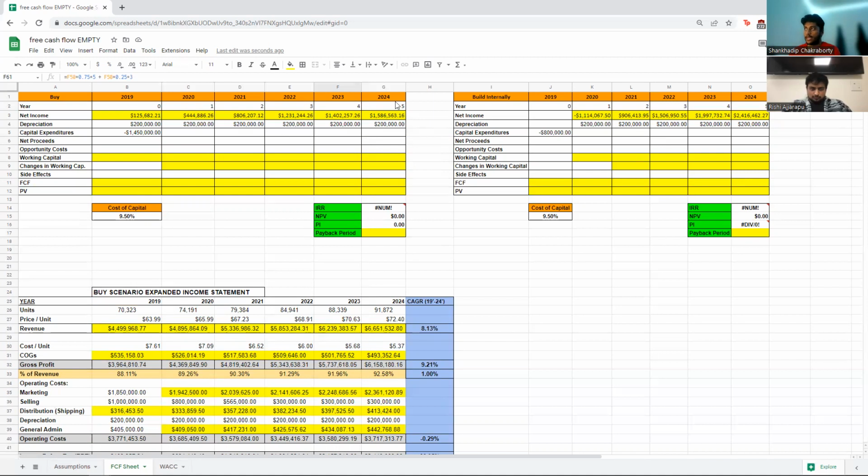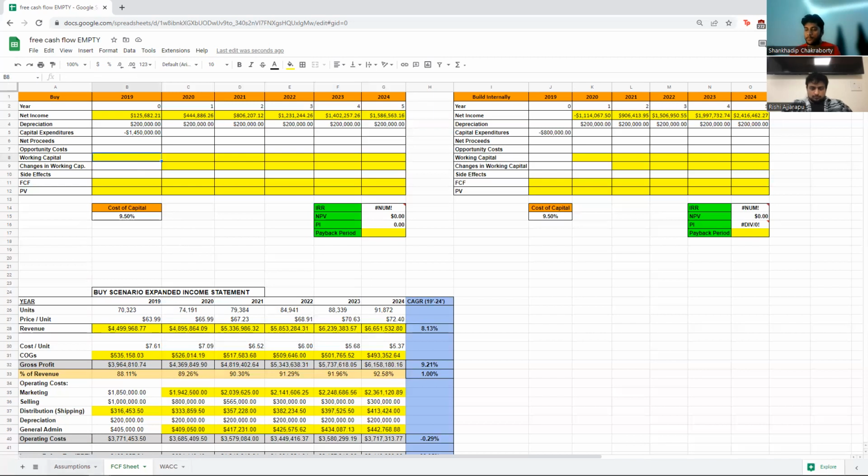This one is from 2019 to 2024. The build scenario is 2020 really to 2024. It's very different in terms of its cash flow. So if you standardize the numbers through which you're doing the analysis, it's a lot easier for you to get better and more accurate numbers. But you'll pretty much see that as we go through this model even further.